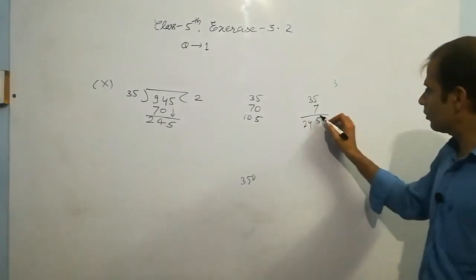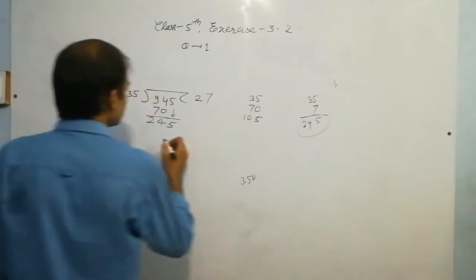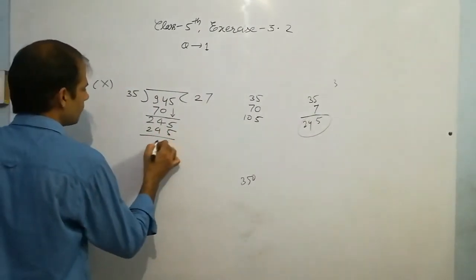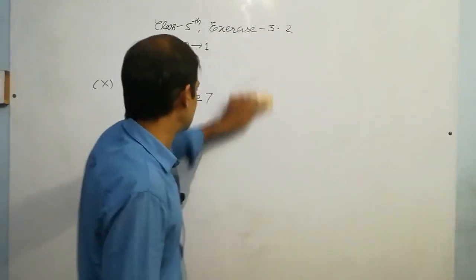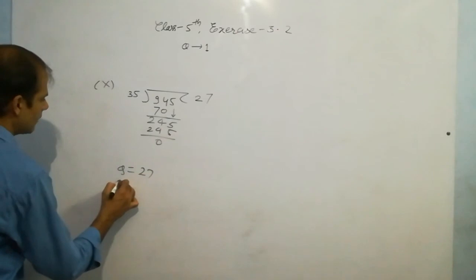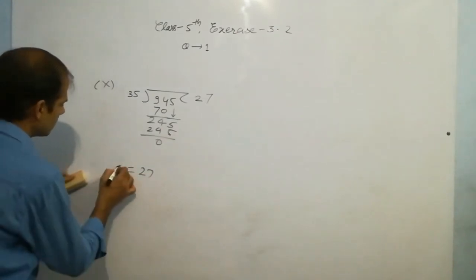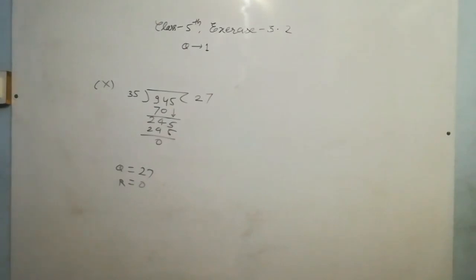So we got this number 35 7 ja 245 and the remainder is 0. Erase this rough work and you can write quotient equals 27 and remainder equals 0. So this is the answer of 10th part.